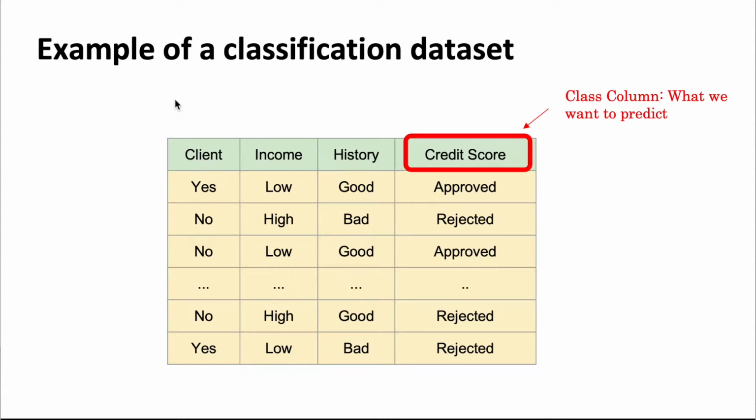The first one means whether they are a client or not of a given bank, and the income variable says if the person has a low or a high income, and the history variable tells if the person has a good or a bad history paying the bills. Okay, so at the end we want to learn to automatically tell if a given person is going to be approved for a credit or rejected.